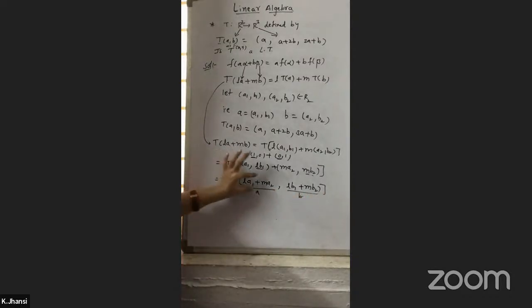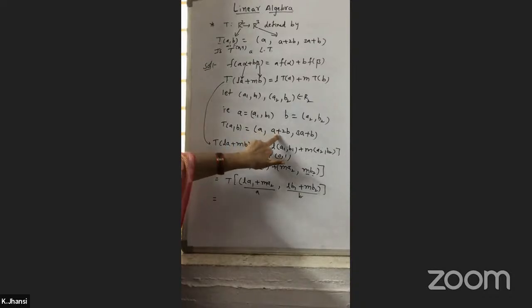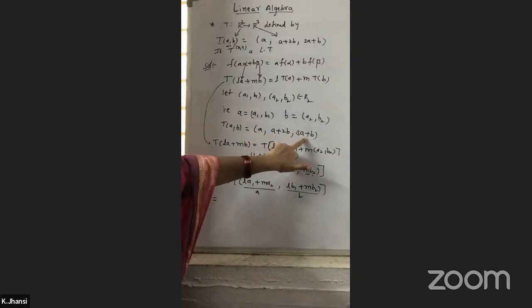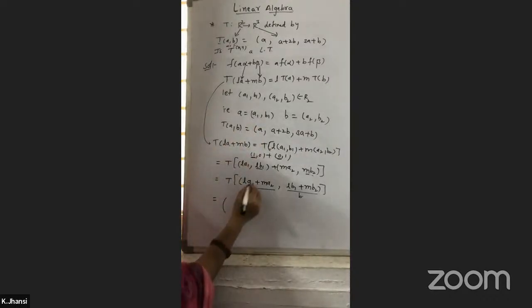Now T of A comma B is defined as given in the question, so you have to write it in the form A comma A plus 2B comma 3A plus B. First A is LA1 plus MA2.